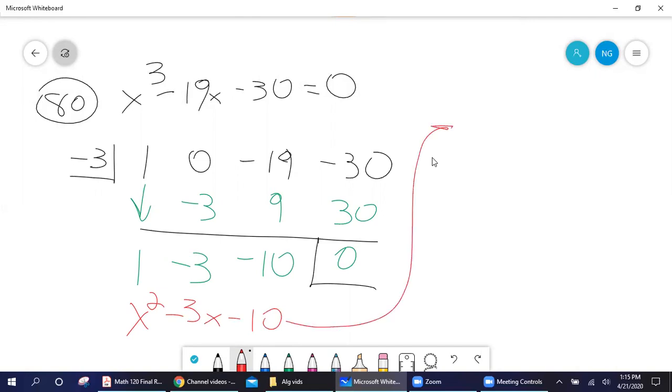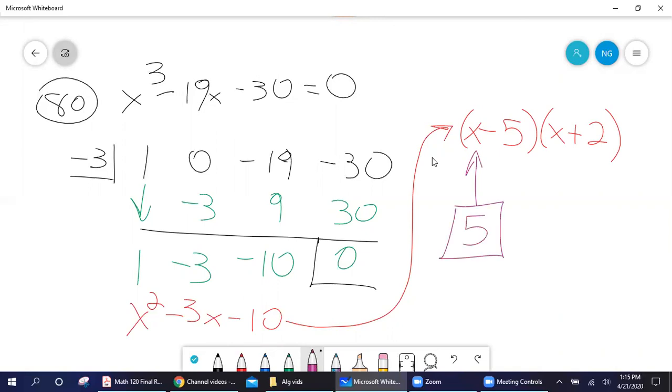That factors. The numbers would be negative 5 and positive 2, which means my other solutions are 5 and negative 2. So technically there were 3 answers, 5, negative 2, and the negative 3 that they gave me.